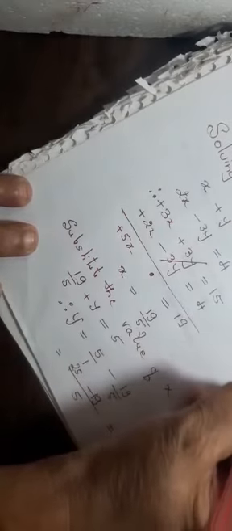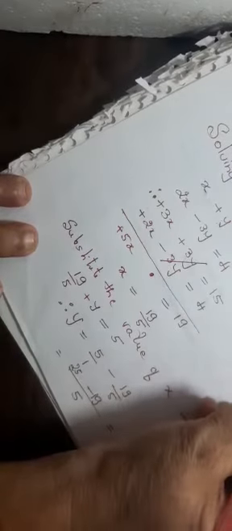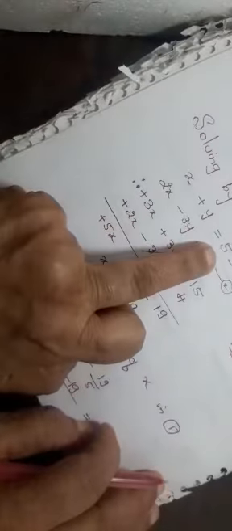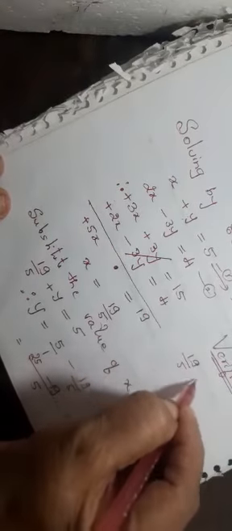Now if you want to verify whether your answer is correct or not, let us do the verification work. Verification is what? x plus y should be 5 there. So let's see whether we'll get it. x plus y is equal to 5. x is 19 by 5 plus y is 6 by 5.